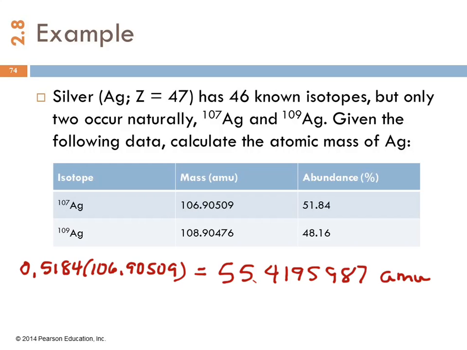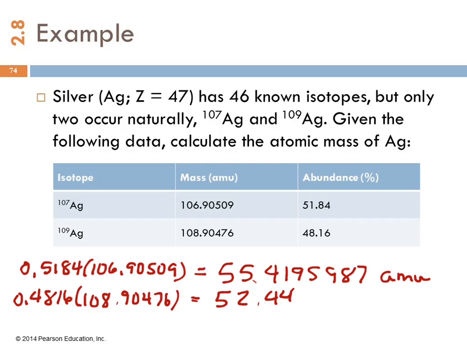So the other one then is going to be 0.4816 times 108.90476. And for that, I'm getting 52.4485324.